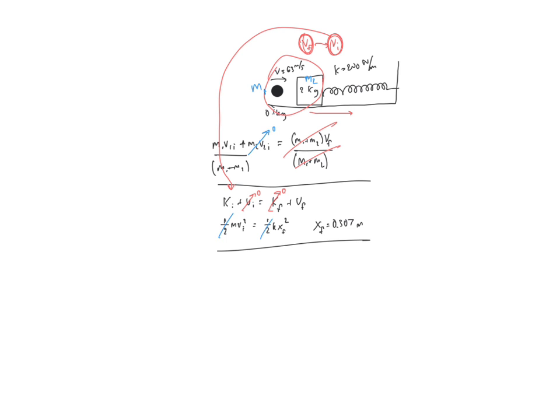Part C, calculate the mechanical energy of the system before the clay hits the block. So mechanical energy is just all the kinetic and elastic energies that exist. So before the clay hits the block, there's no elastic energy because the spring is not compressed, so we only have kinetic energy.